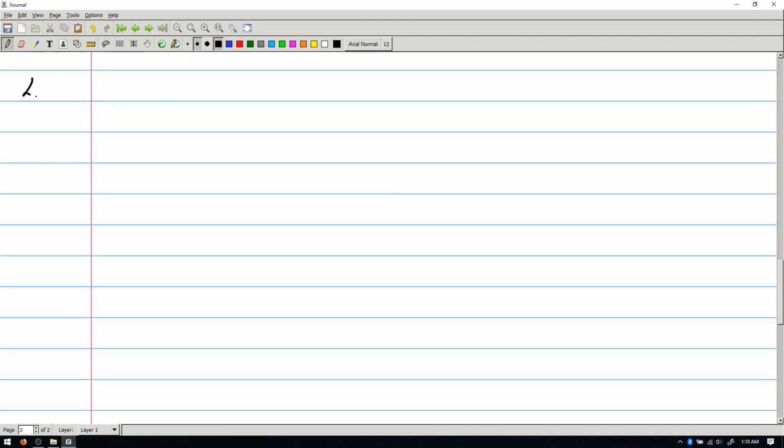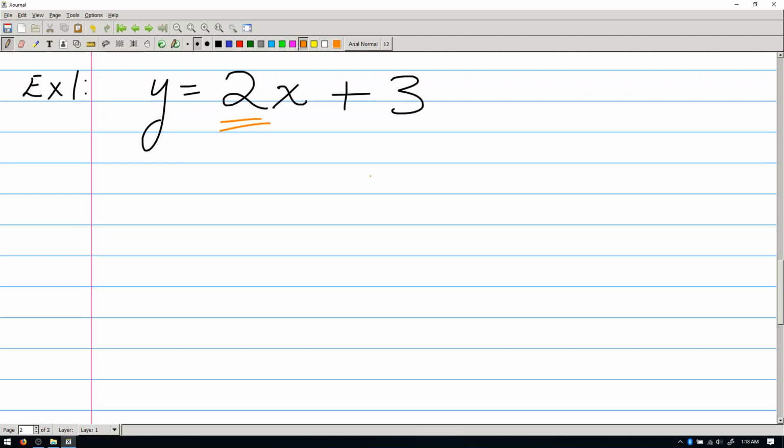So let's do some examples here. Example 1, I give you an equation, y equals 2x plus 3. So here, the slope is a value of 2, and the y-intercept is a value of 3.